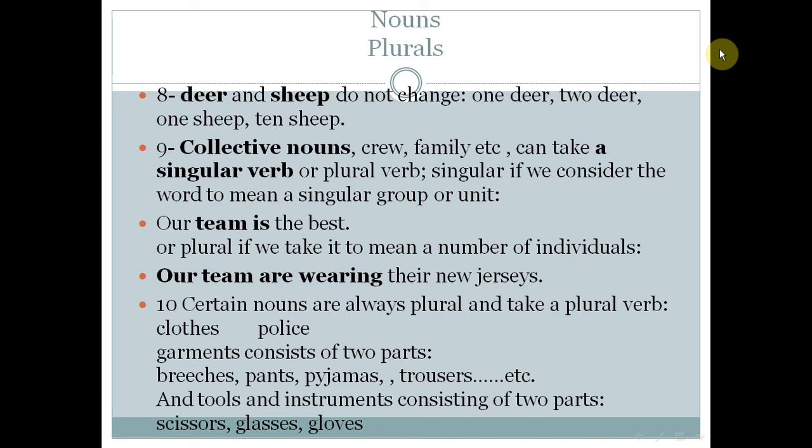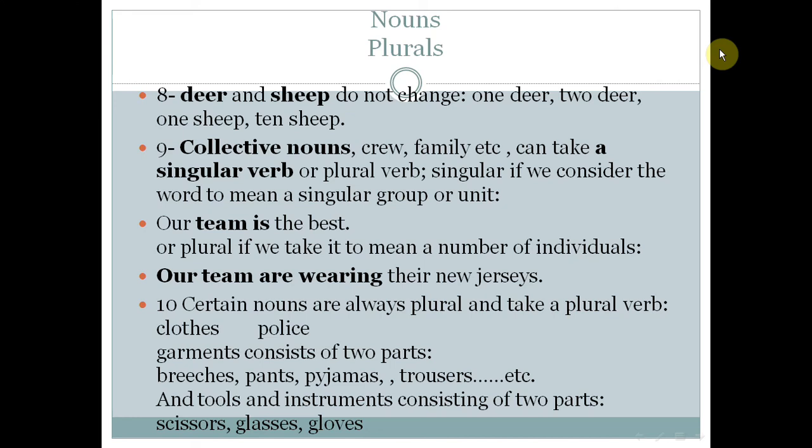So, number 9, collective nouns: crew, crowd, family, can take a singular verb or a plural verb. Singular, if we consider the word to mean a singular group or unit. For example, our team is the best. Or plural, if we take it to mean a number of individuals.